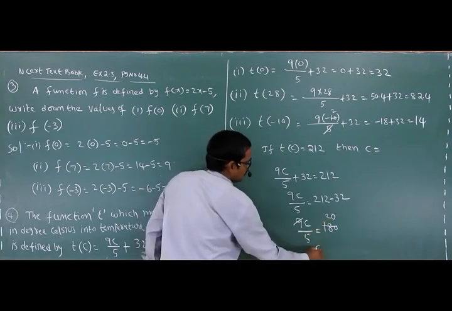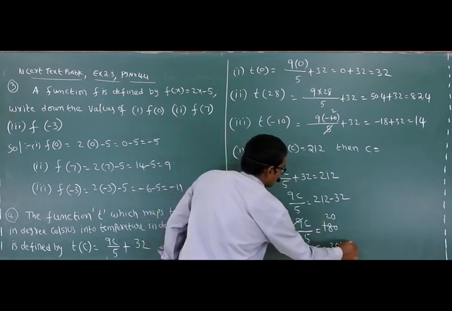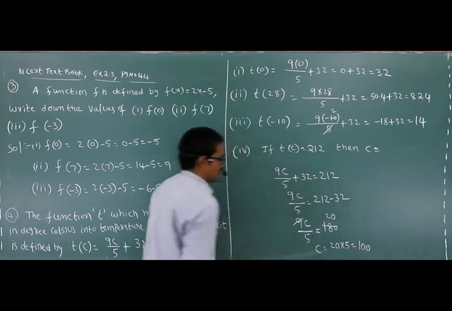This by cross multiply. c is equal to 20 into 5. c is equal to 100. That's all.